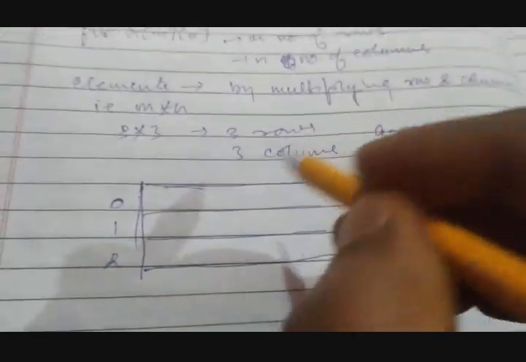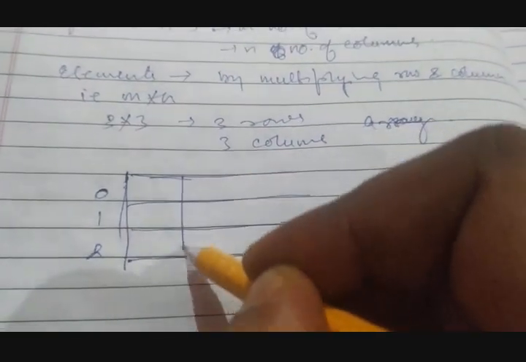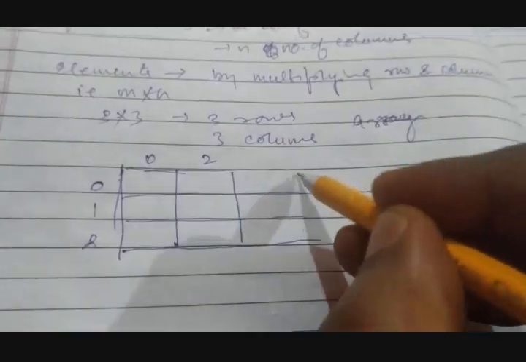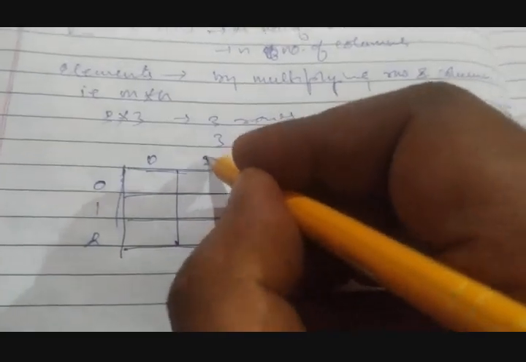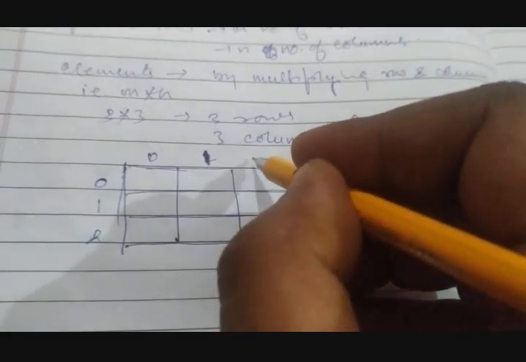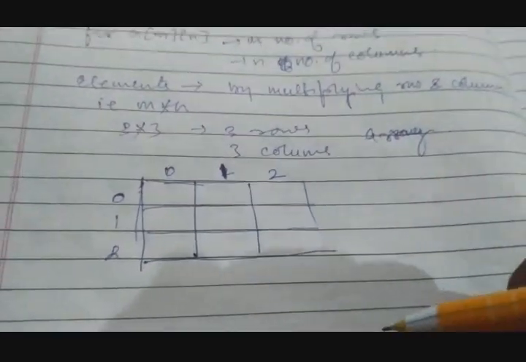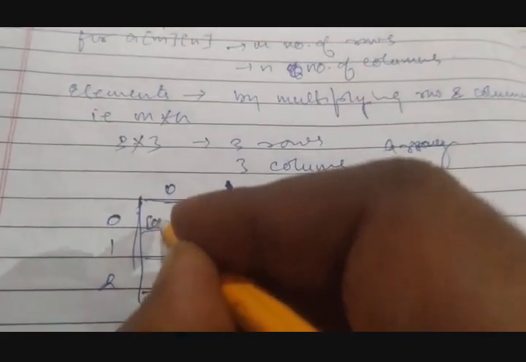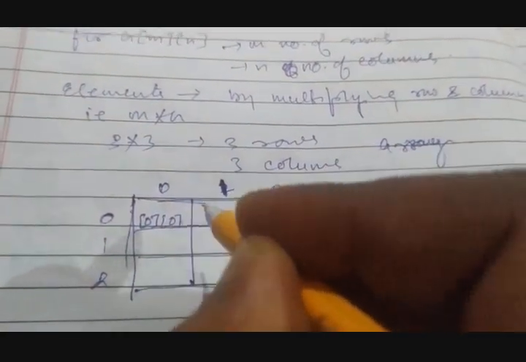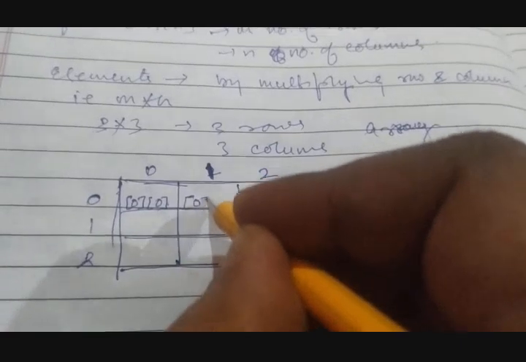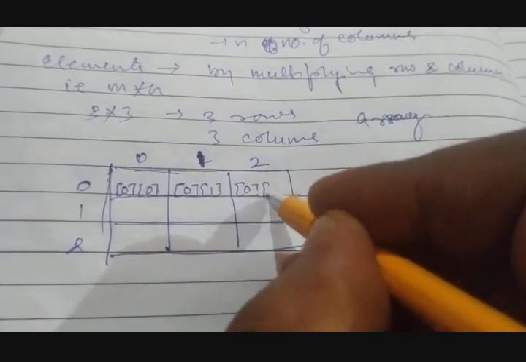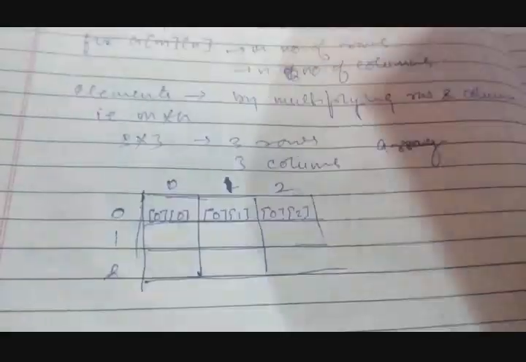Now we construct the columns: first column, second column, and this is the third column. So what will be the index of each cell? 0th row, 0th column; 0th row, first column; 0th row, second column.